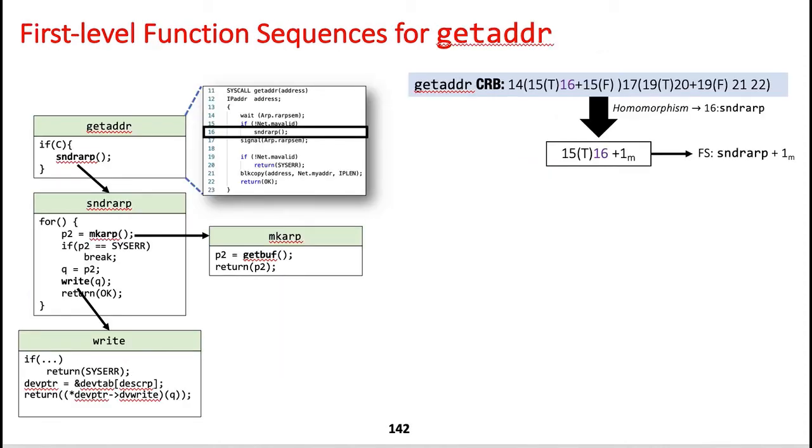The computation of function sequences is again done using homomorphisms, as we illustrated through a simple example. So for the function getAddr, we have this CRB, and then we apply the homomorphism and we get the reduced algebraic expression, which gives the first level function sequence for sndArp.